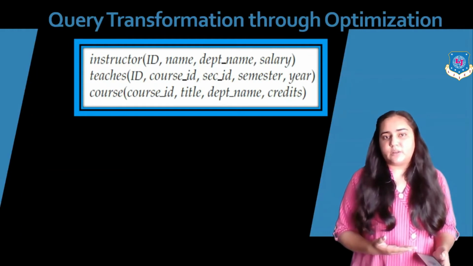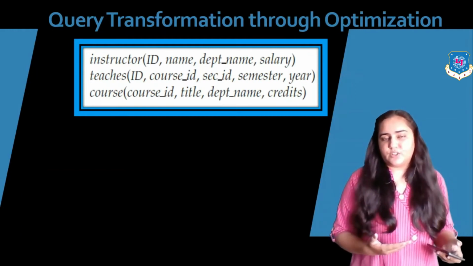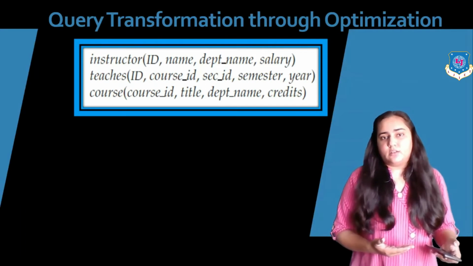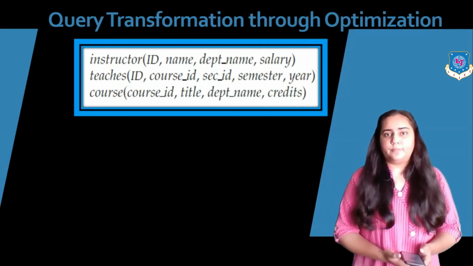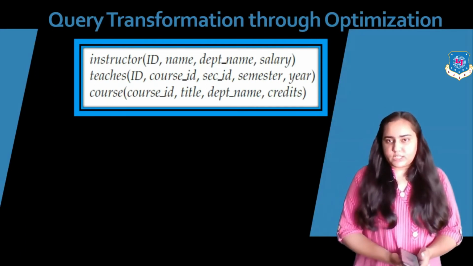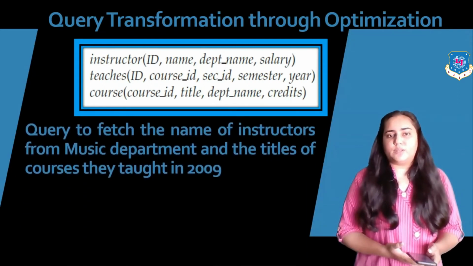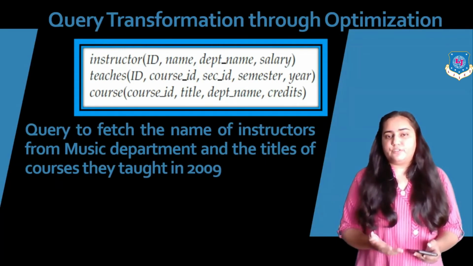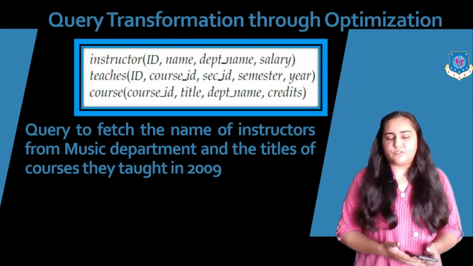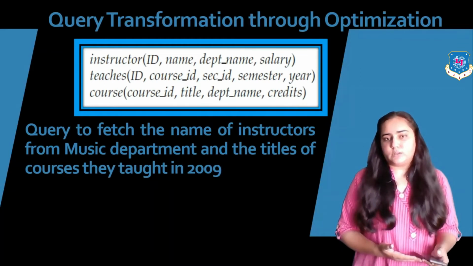The teachers table combines instructor through the ID and the course through the course ID. So that is how these 3 tables are, and we are going to write a query for this question, that is, a query to fetch the names of instructors from the music department and the titles of courses they taught in 2009.